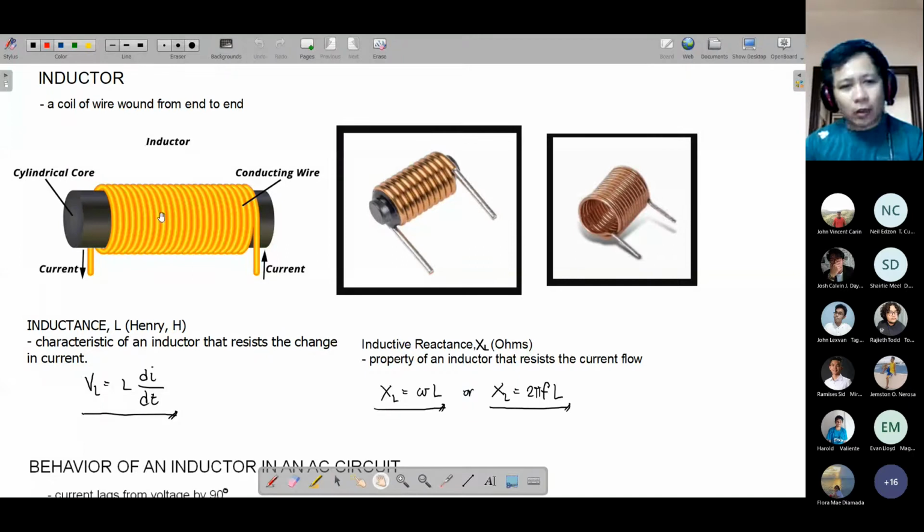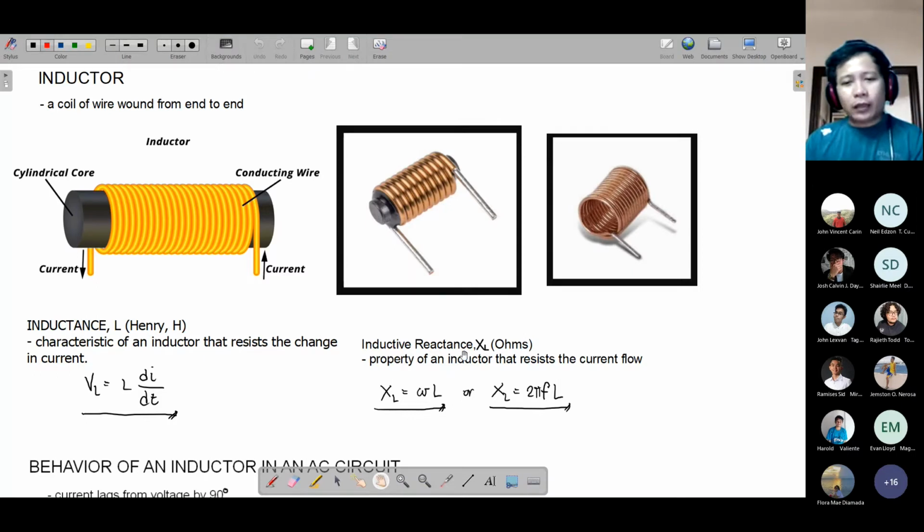Same with the inductor, okay? Since the inductor is a copper wire, it has resistance. Now, its resistance part is called the inductive reactance. So the resistance part, or the internal resistance of your inductor, is called the inductive reactance.